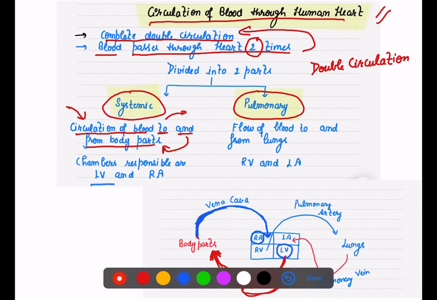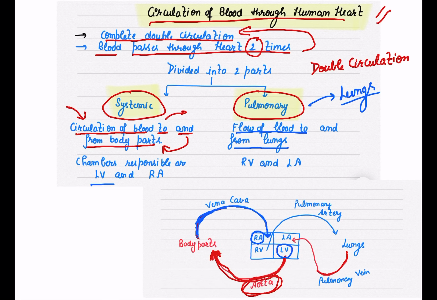Now let's come to pulmonary circulation. It is the flow of blood to and from the lungs, because my students know that the word pulmonary is used for lungs. So the flow of blood to the lungs and from the lungs is known as pulmonary circulation. Let's see. As you know, this is our lung, and from the lungs, who is bringing oxygenated blood?